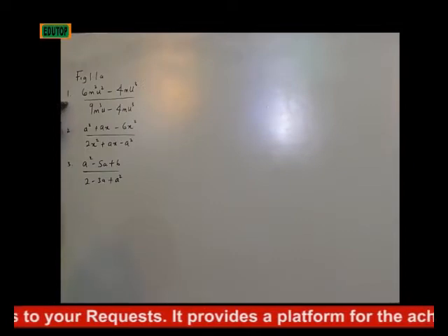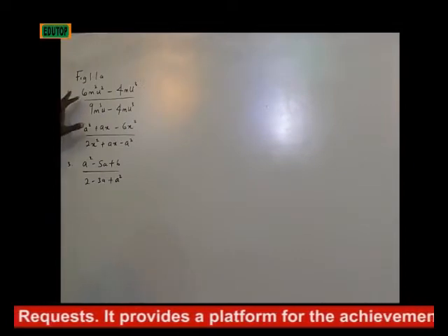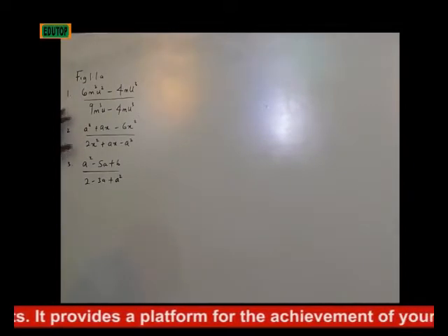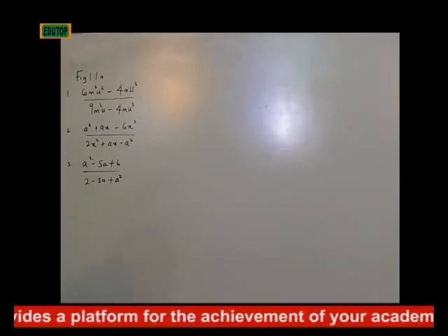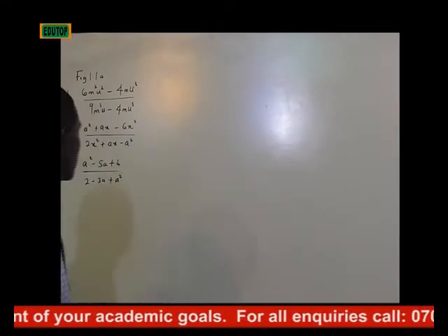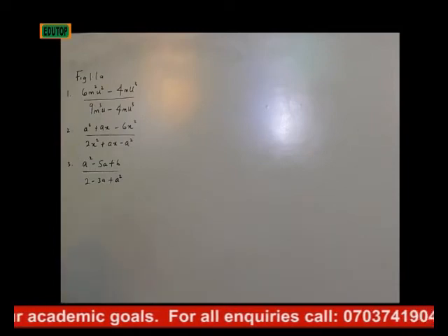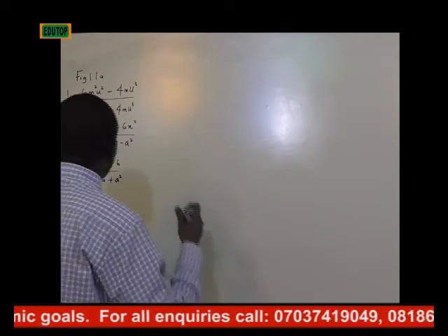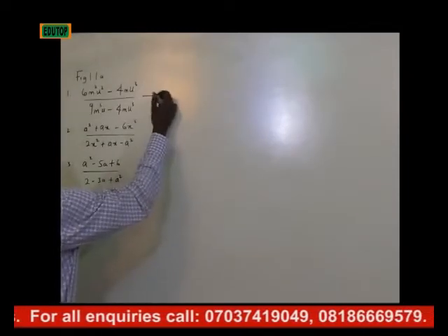We have the first question, which is this, the second and the third. So the question, we are to simplify and reduce to the lowest terms where appropriate. Here, let's consider the first question, which is this. This is the first question.